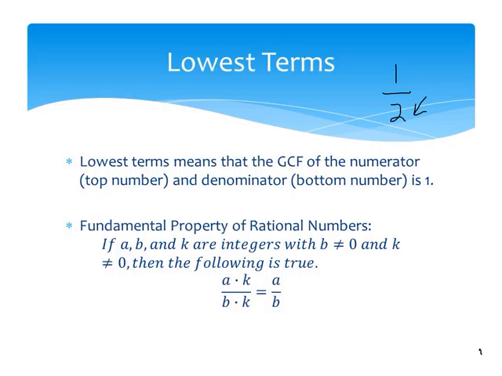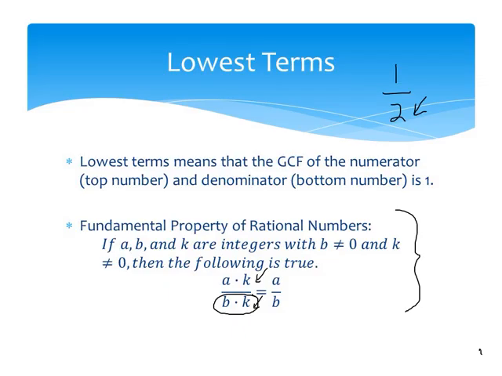So that brings us to this fundamental property of rational numbers. I at least want you to have exposure to this. It says if a, b, and k are integers, and b does not equal 0, and k doesn't equal 0, the reason we're doing that is because those 2 are in the denominator, then the following is true. What this is saying is that there's some number, k, that we could multiply by a and b.